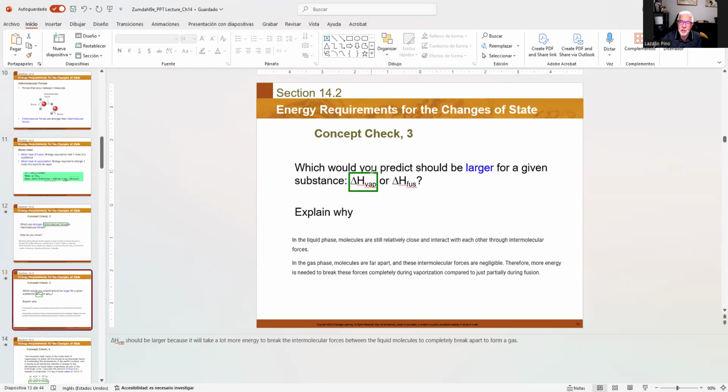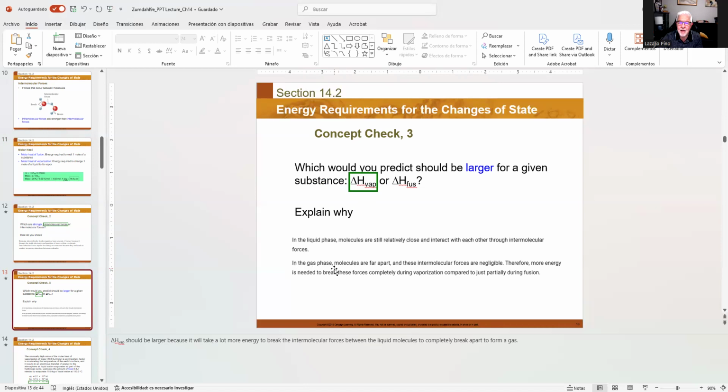Which you could predict should be larger for a given substance, the enthalpy of vaporization or the enthalpy of fusion? Well, the answer is that the enthalpy of vaporization is always higher. Why? Because the molecules are still relatively close and interact in the liquid phase.